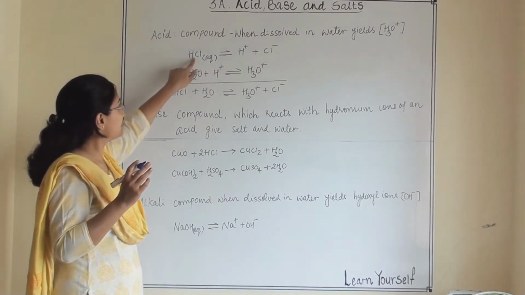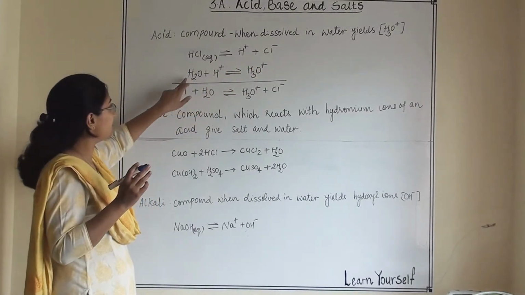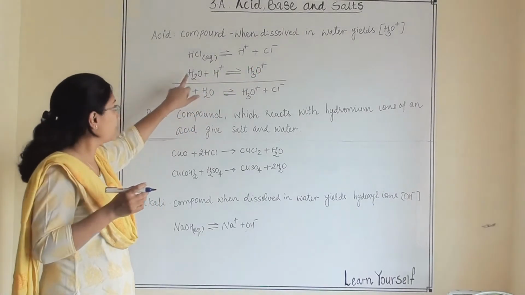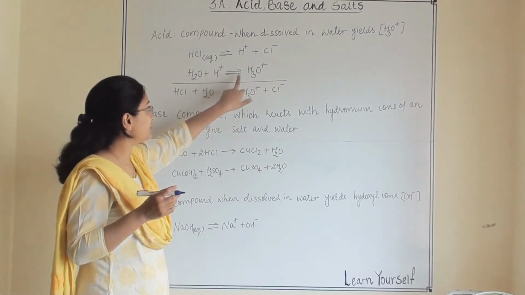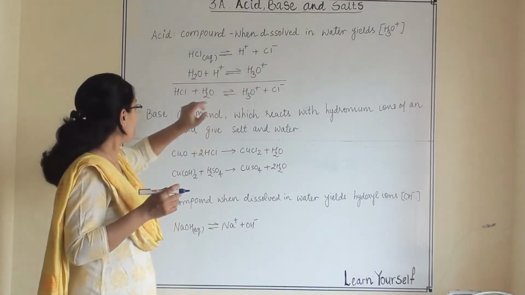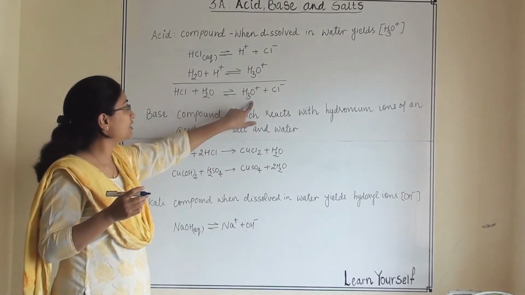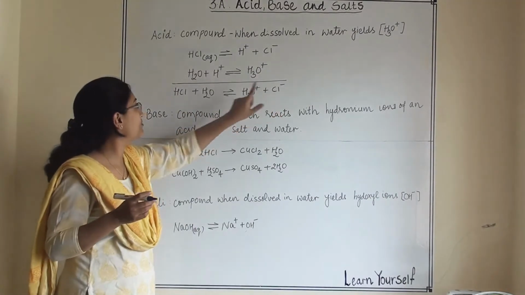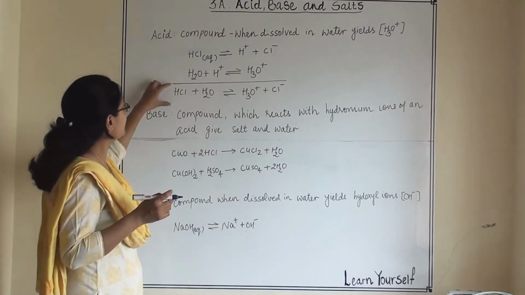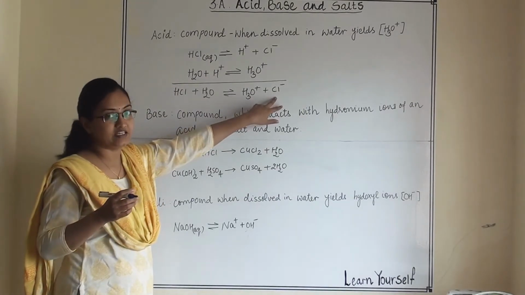When HCl gives you H plus and Cl minus, this H plus will react with H2O. And this is also a reversible reaction, and it will give you H3O plus. So HCl plus H2O will give you H3O plus and Cl minus.